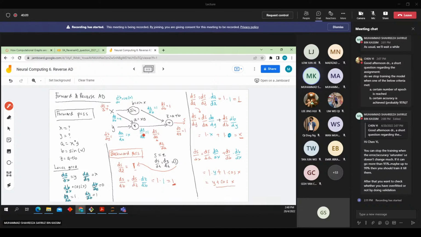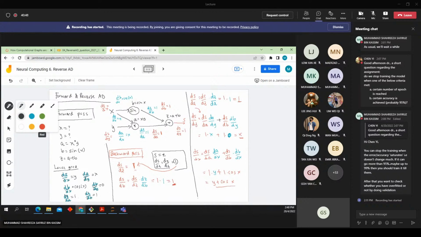Now the local gradient is taking the gradients from this side of the computational graph. Here it becomes 1, because we are substituting s equals z. So effectively it is the partial derivative of z with respect to b, but I don't want to write that because you'll be confused with the forward pass. This is a very big assumption that we are making here.